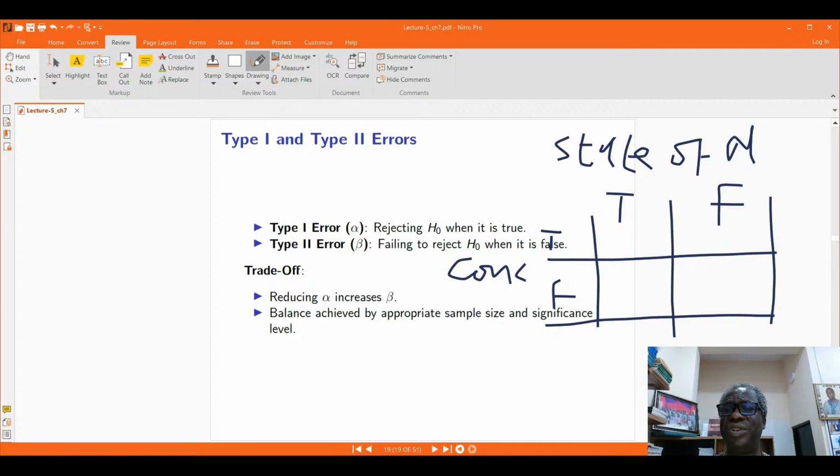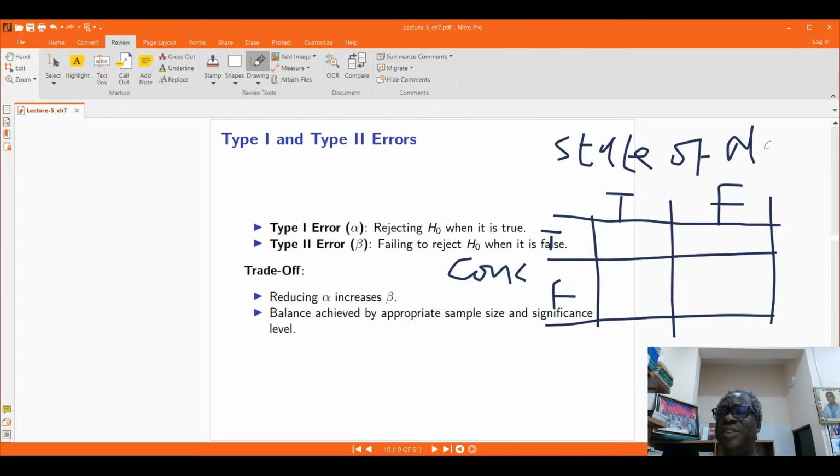And you don't know the true state of nature. This is the state of nature, which could be true or false. If you conclude that it is true when it is actually true, then you are correct.